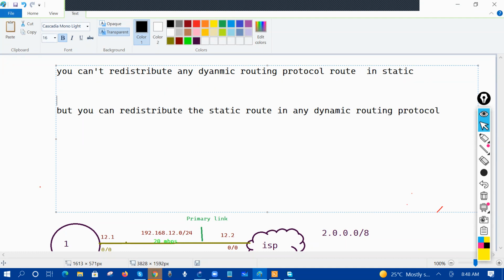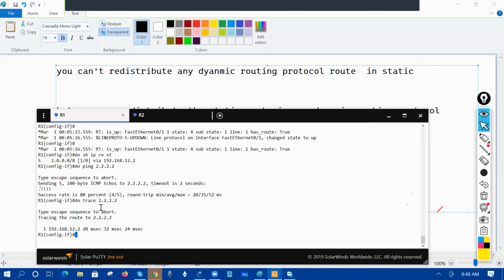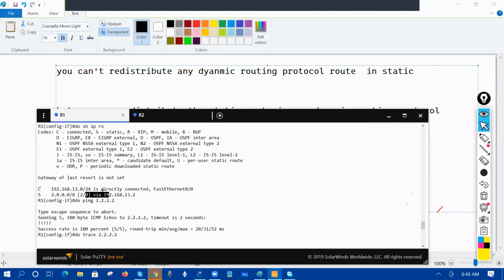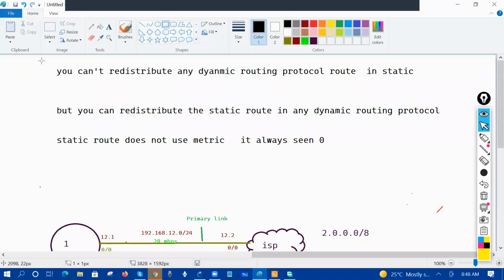Just write this line right now. This line you have to write only. This point is important.